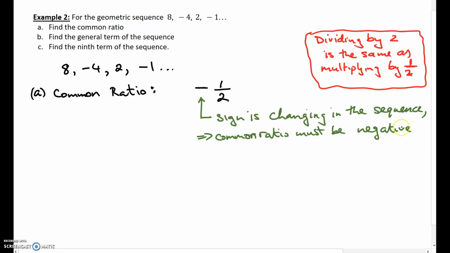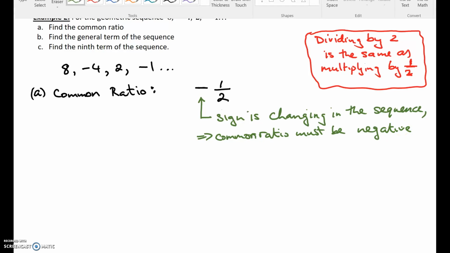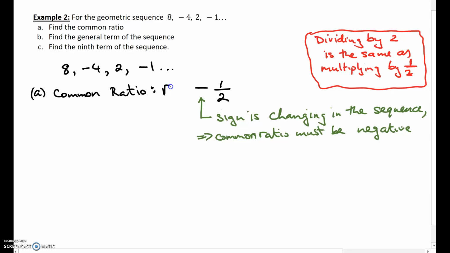So that's our R, the common ratio, we call it R, and it is equal to -1/2 in this case.